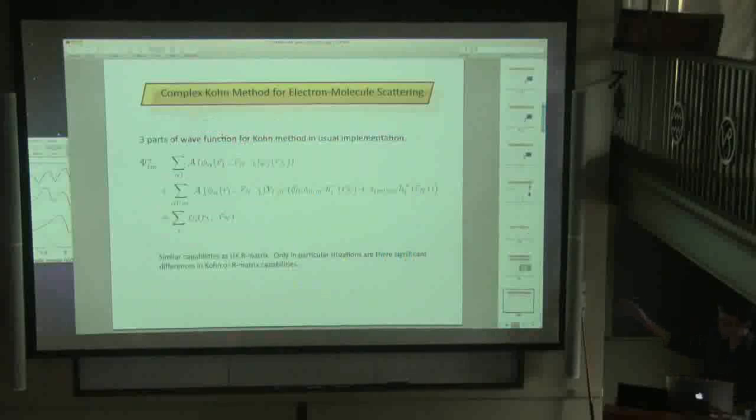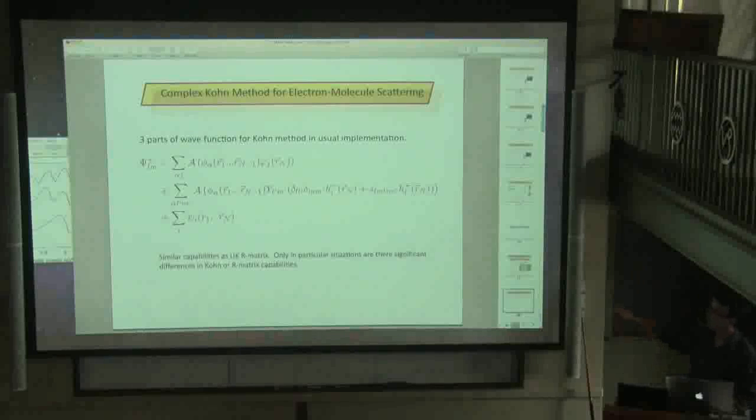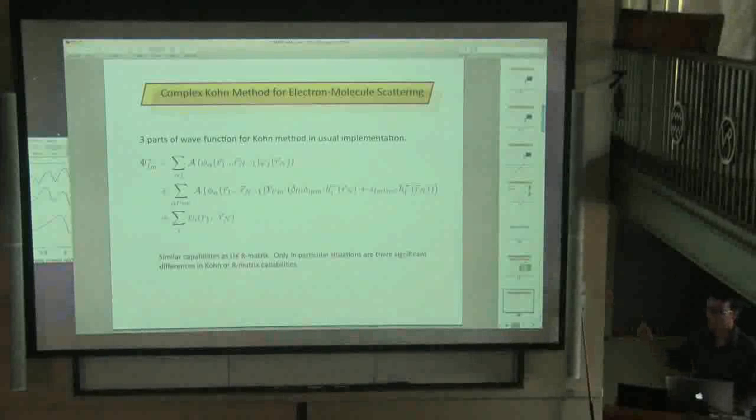And similar representation of the wave function as you've seen before, and you may see again, in terms of close coupling expansion, that's the first and second terms, target states phi alpha times other stuff, plus additional terms required for completeness. Now, I'll just mention that we do have an option now of not using that third term and not over-correlating the target.